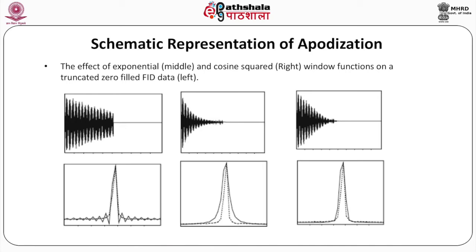Then when you apply an exponential window function, the FID is more smoothly brought to 0, but as you can see, the line width increases. And when a cos function is applied, then you get the most optimum results as shown on the right side, the FID multiplied or convoluted with a cosine window and the result of Fourier transforming, which is shown below that.